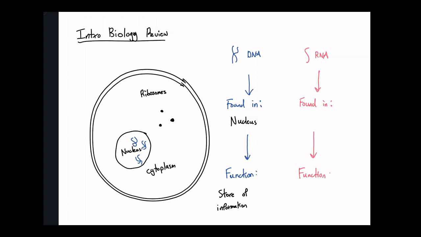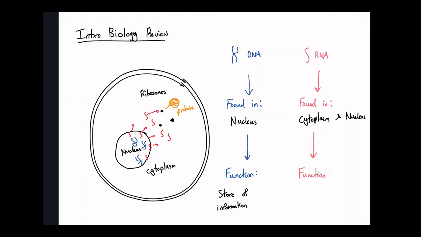That's where DNA is. Now, RNA is found in the cytoplasm and nucleus. But the goal of RNA, right? RNA is copied. We make copies of RNA from DNA, and then we export those copies into the cytoplasm. The mRNA is then read by ribosomes, and proteins are produced. So DNA encodes RNA. This is the central dogma of biology or biochemistry.